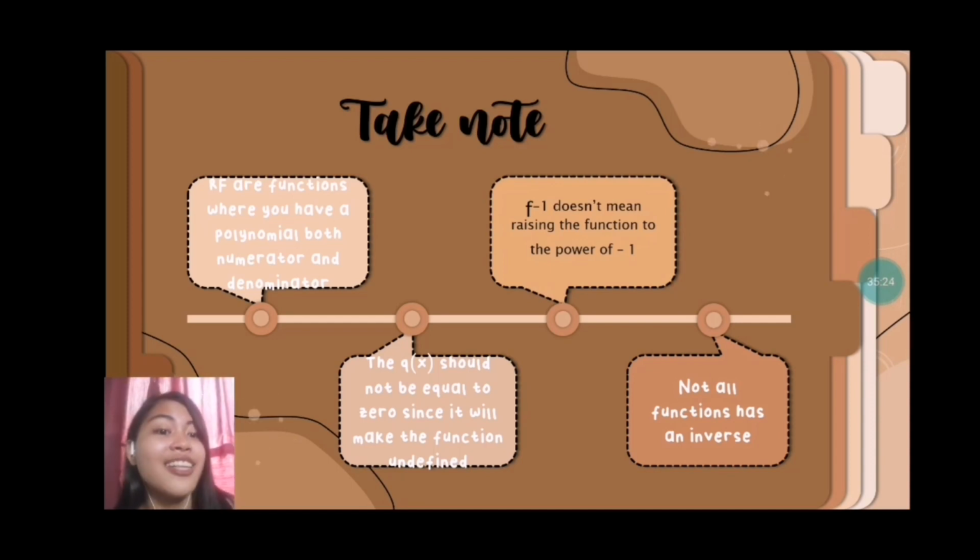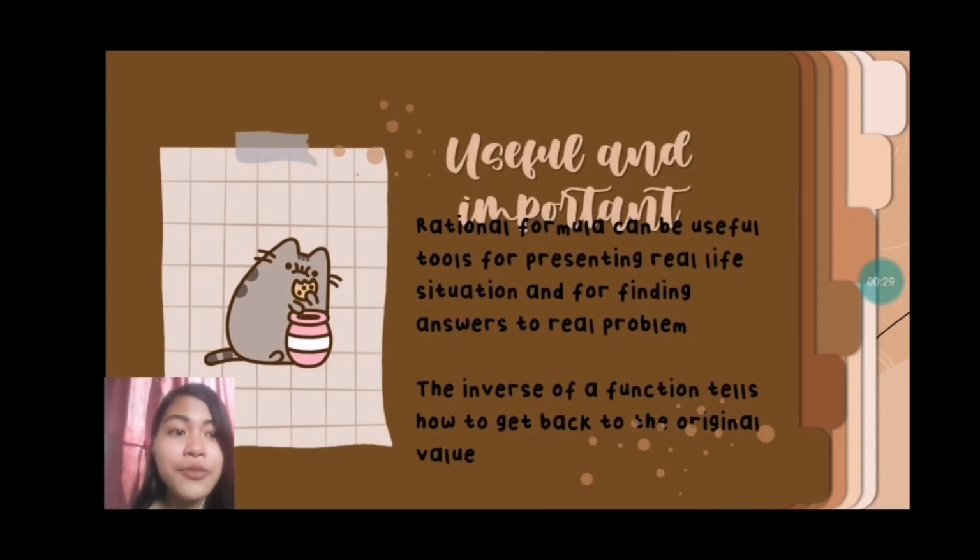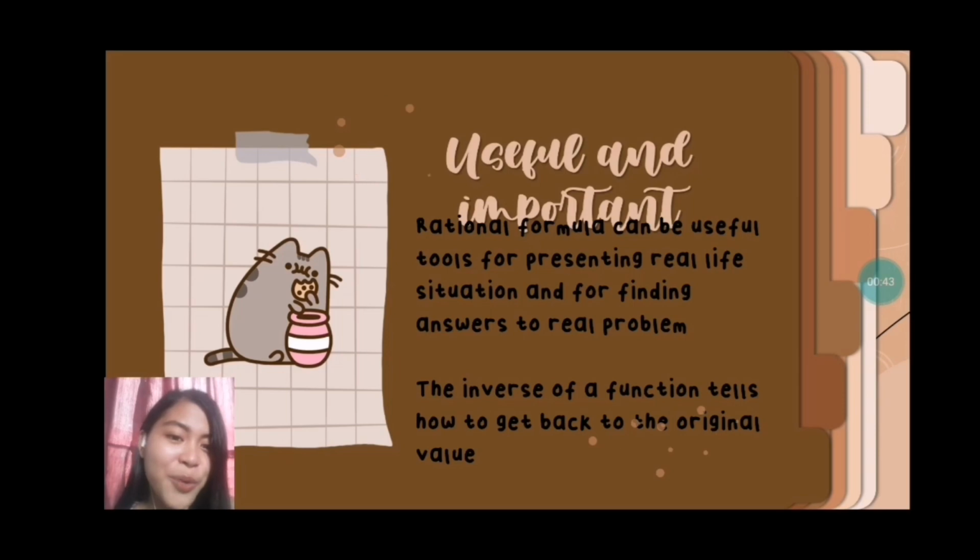F inverse doesn't mean raising the function to the power of -1. It's not it. And the next one, not all functions have an inverse function. And now the last one is the usefulness and importance. The rational function can be a useful tool for representing real-life situations and for finding answers to real problems.